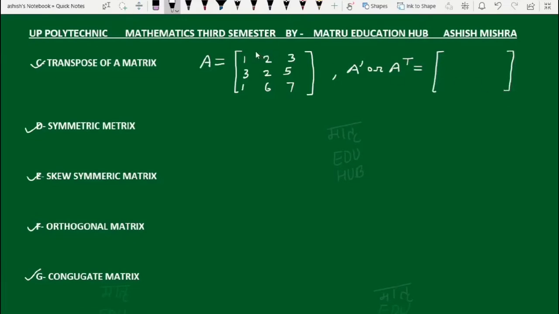To find the transpose of a matrix, we change rows into columns. 1 2 3 is written as a column of the matrix, then 3 2 5 and 1 6 7. This is an example of the transpose of a matrix.